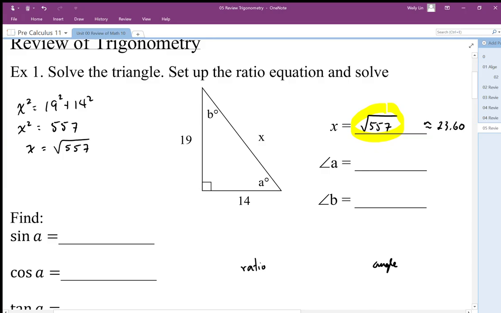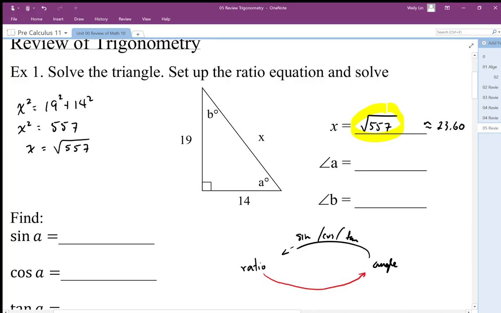If I want to convert angle to ratio, this is what I normally do: I use sine, cos, tan, going in this direction. But I can also go in the other direction. I can go from the ratio and describe that same thing with an angle.